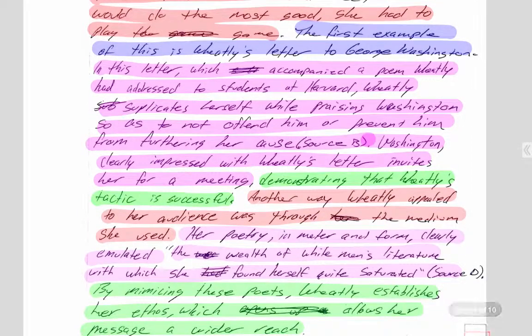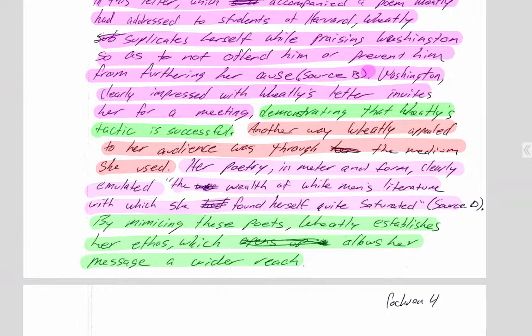Now I start to put it into my own words. Washington, clearly impressed with Wheatley's letter, invites her for a meeting, demonstrating that Wheatley's tactic is successful. It's working. She's getting this admiring readership. Another way Wheatley appealed to the audience was through the medium she used. Her poetry in meter and form clearly emulated, and this is where I go back to source D, the wealth of white men's literature with which she found herself quite saturated.